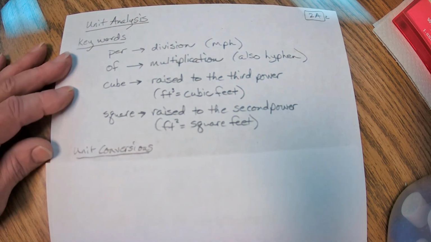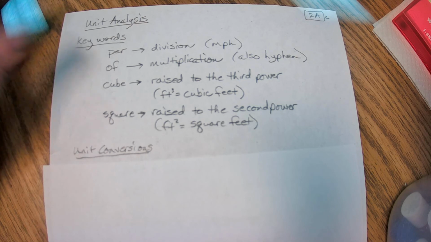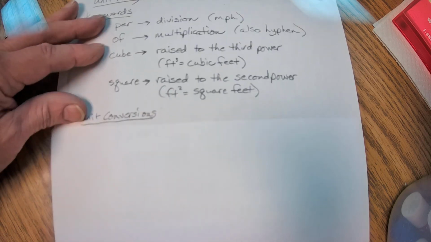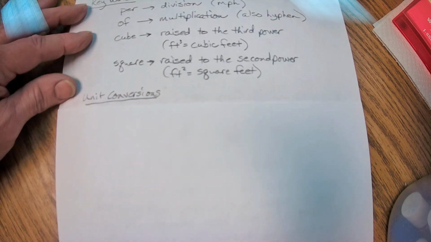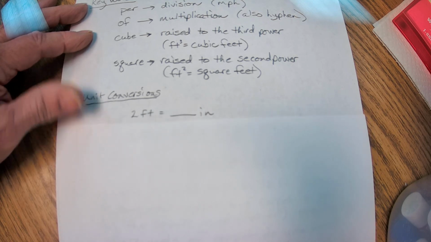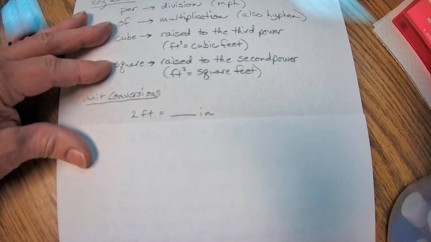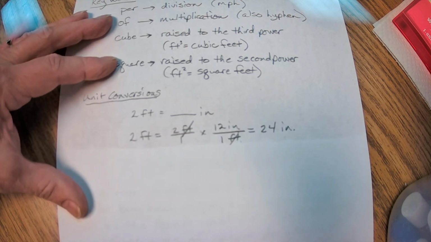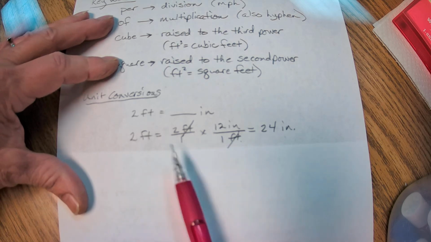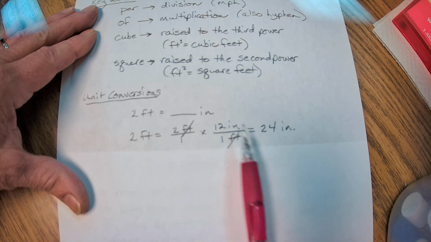And in order to do unit analysis, you have to be able to do unit conversions. So here's a really simple example just to get the idea. Let's say I wanted to know 2 feet is how many inches. Well, you guys all know it's 24 inches. But let's say you didn't know that. So I'm going to set this up 2 feet over 1, just so this looks like a fraction. 12 inches is 1 foot.